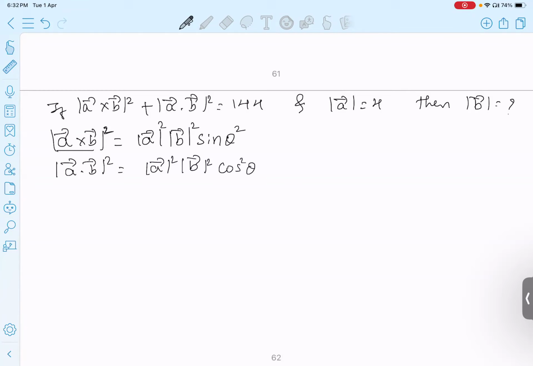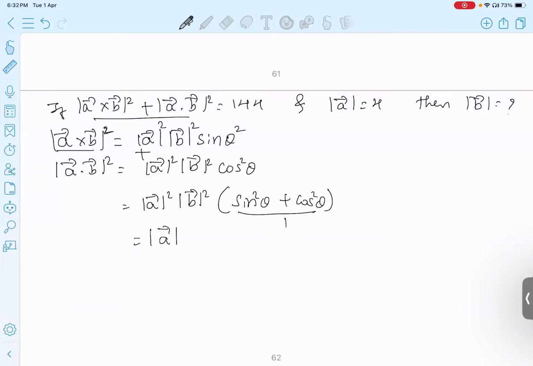Fine. Now they have given the sum, so we have to add these two. If I add these two, I can take magnitude of A square and magnitude of B square as common. We'll get sine square theta plus cos square theta, which is 1. So we'll get only magnitude of A square into magnitude of B square. Since we know this value is 144, I can write 144 equal to 4 square times magnitude of B vector square.